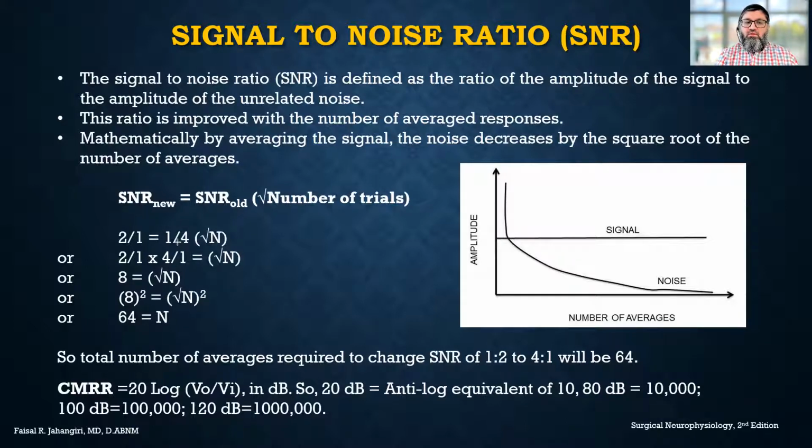So 2 to 1 is equal to 1 over 4 multiplied by the square root of the number of averages, and we want to find out that number. So it'd be 8 equal to the square root of the number of averages, and we square both sides to take out the square root, so it'll be 64 averages to do that.